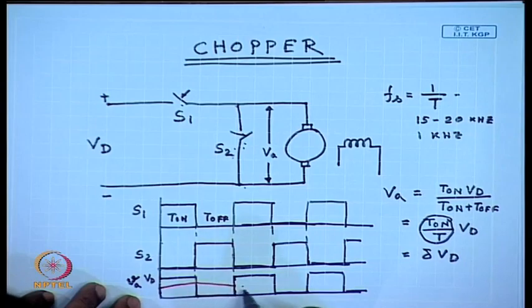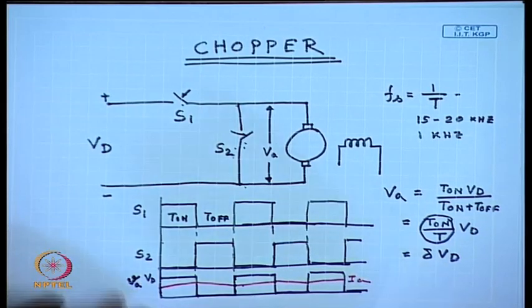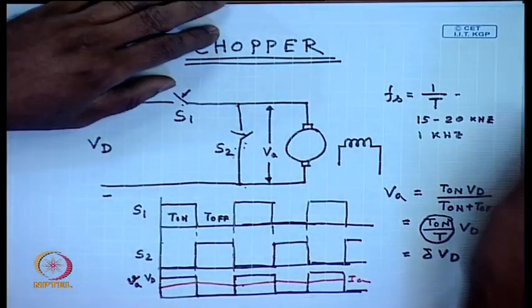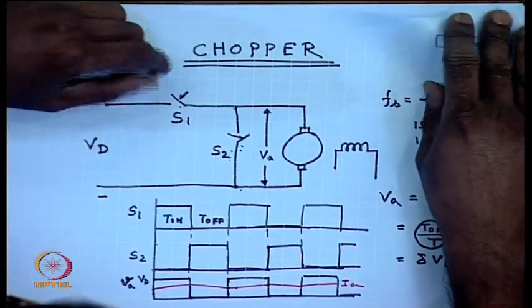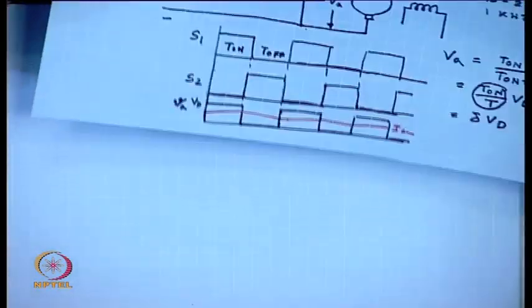The pulsation in the current is very small. This is I A. Hence, torque is almost smooth and speed is determined by the average DC voltage. So, what will be the torque speed characteristics of a DC motor driven by such a chopper?